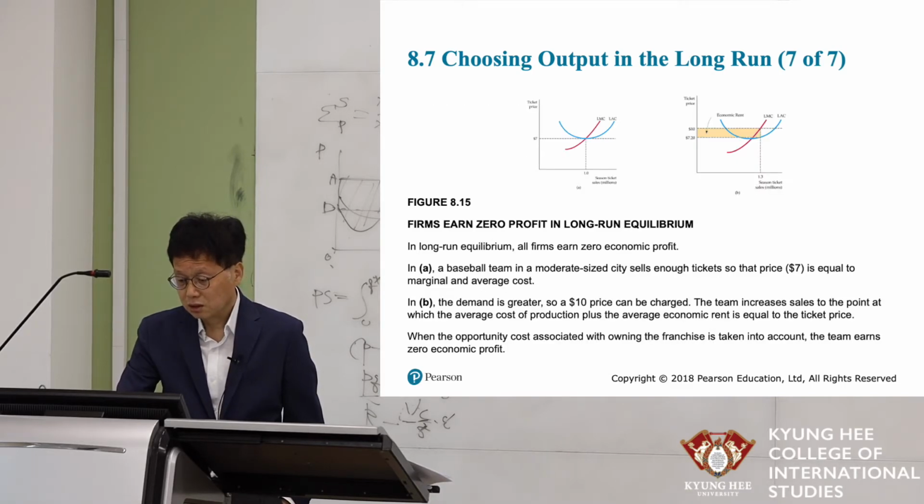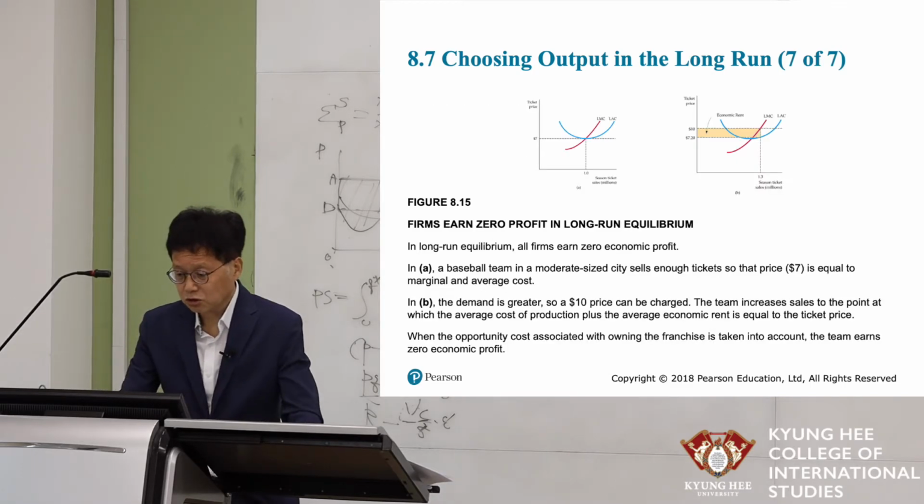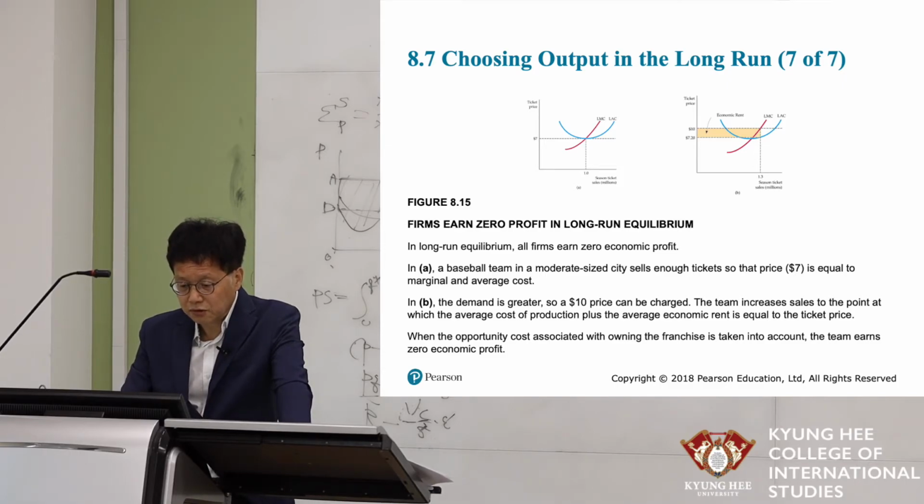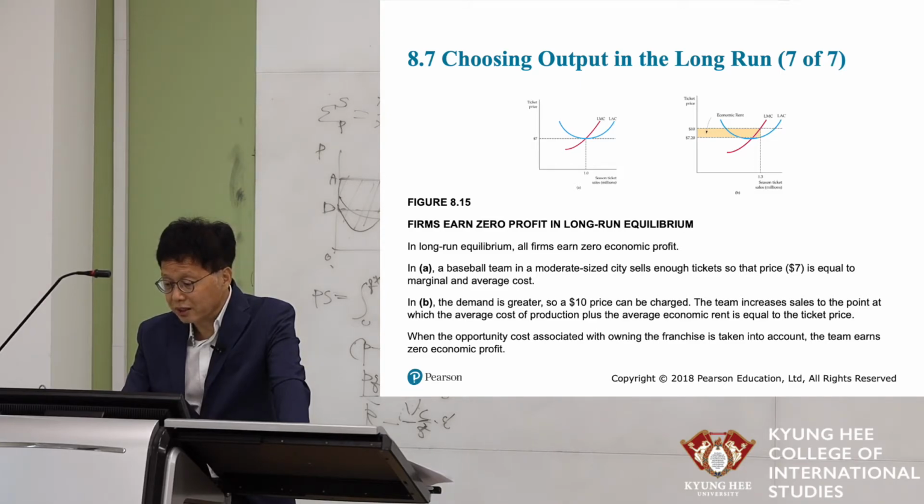Okay? And choosing output in the long run, figure 8.15. Firms earn zero profit in the long-run equilibrium. Okay? Now, in the long-run equilibrium, all firms earn zero economic profit. In A, a baseball team in a moderate-sized city sells enough tickets so the price is $7, equal to marginal and average cost, $7.